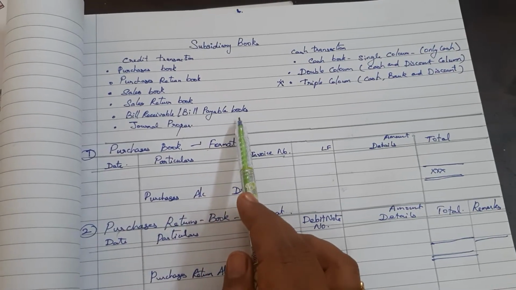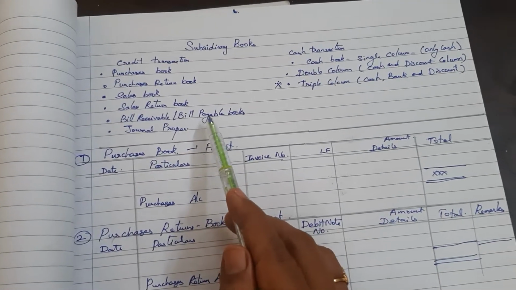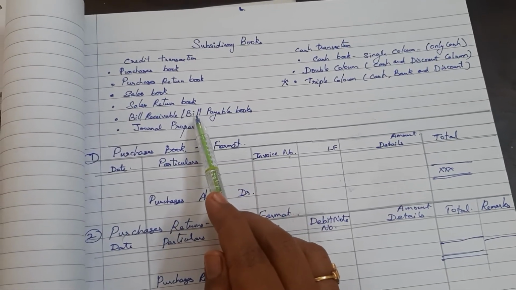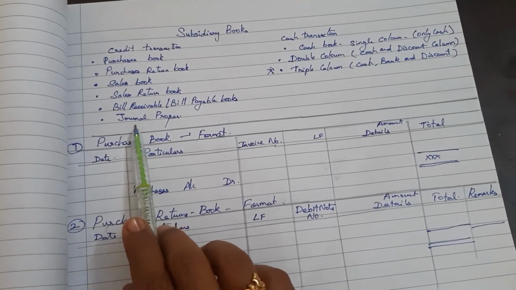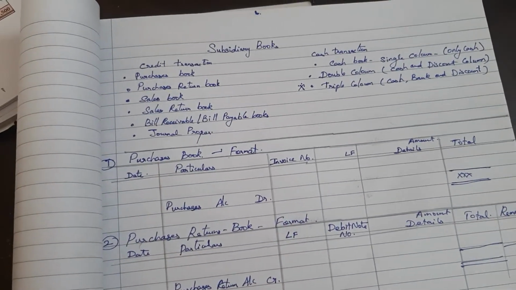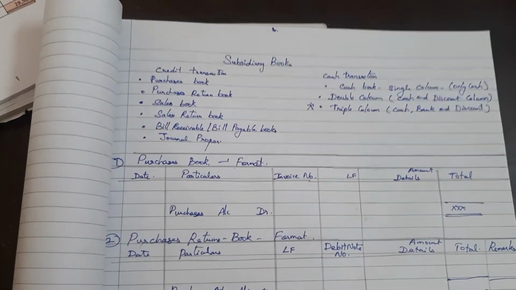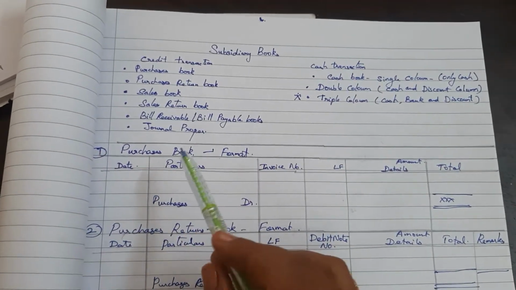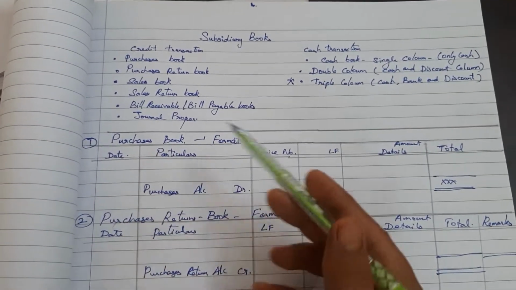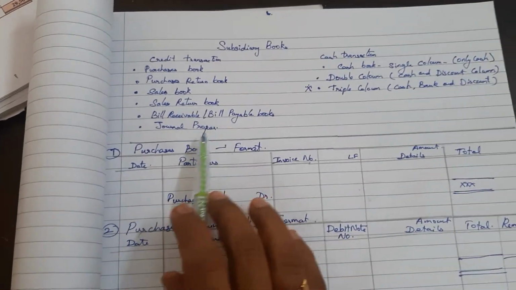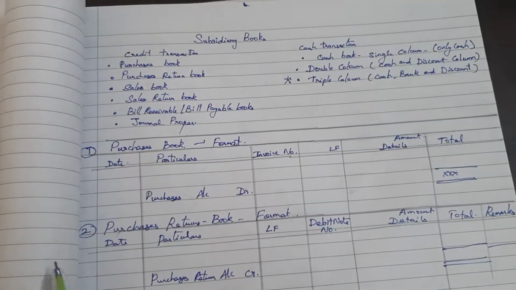Bills payable book is when you make a payment to the creditor, and you record all the related transactions in the bills payable book. And journal proper is a book where you enter all the opening entries, closing entries, adjusting entries, rectification entries, all the entries you will record in the journal proper.